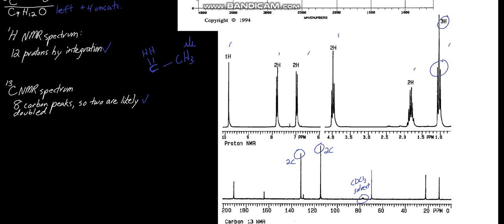So that's the triplet at 1.0 ppm, and these 2 hydrogens are split 3 times, so this is going to be a highly split signal. You would expect that to be a quartet, but we don't see any quartets in the spectrum. We do see what looks like a sextet, 6 lines, if you looked carefully.